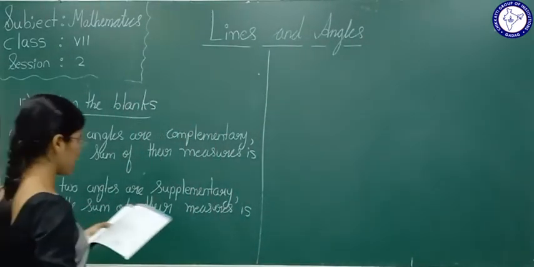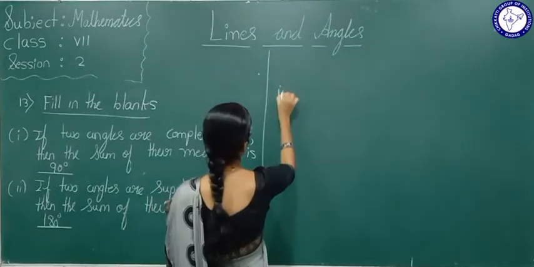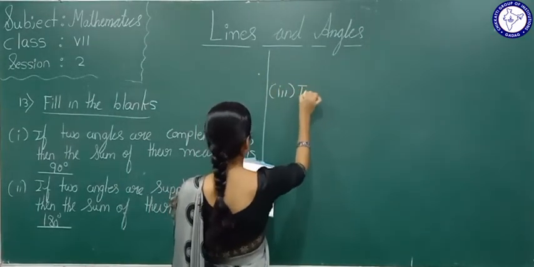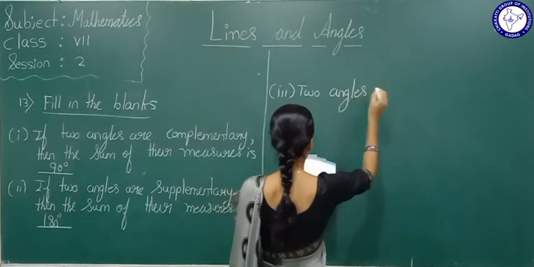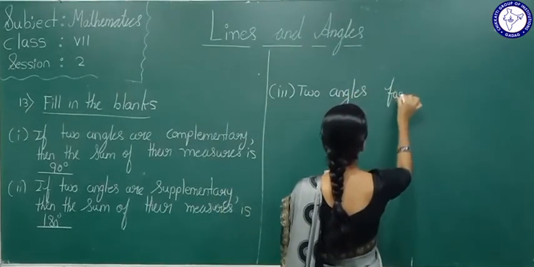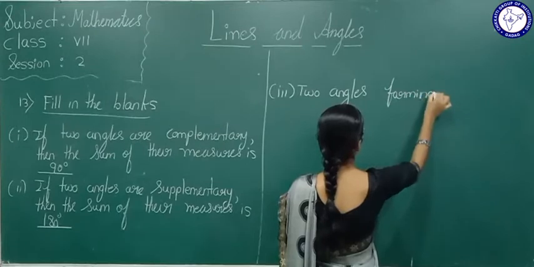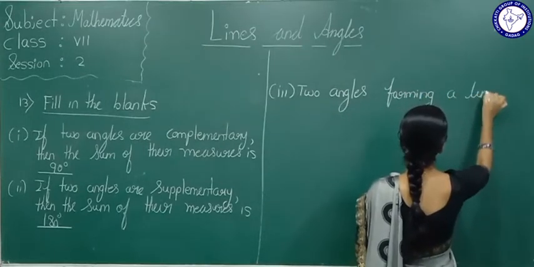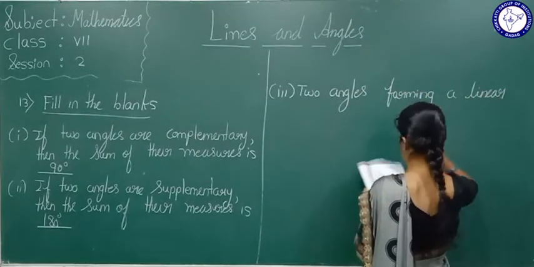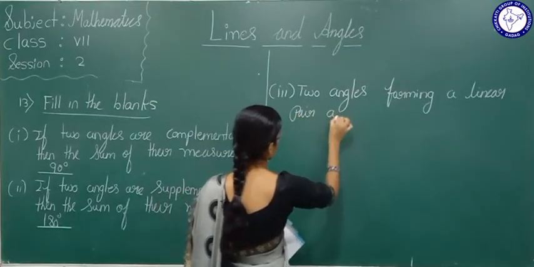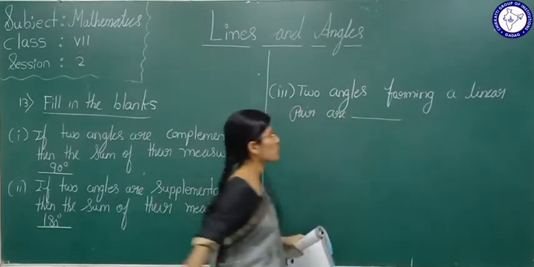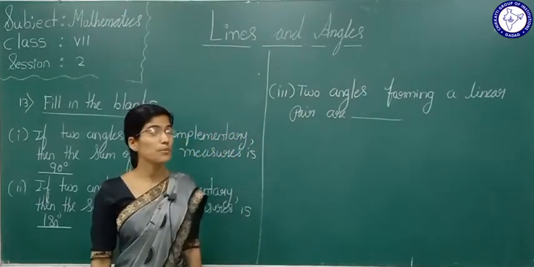Let's see the third one. Two angles forming a linear pair are dash. See, two angles forming a linear pair are what?